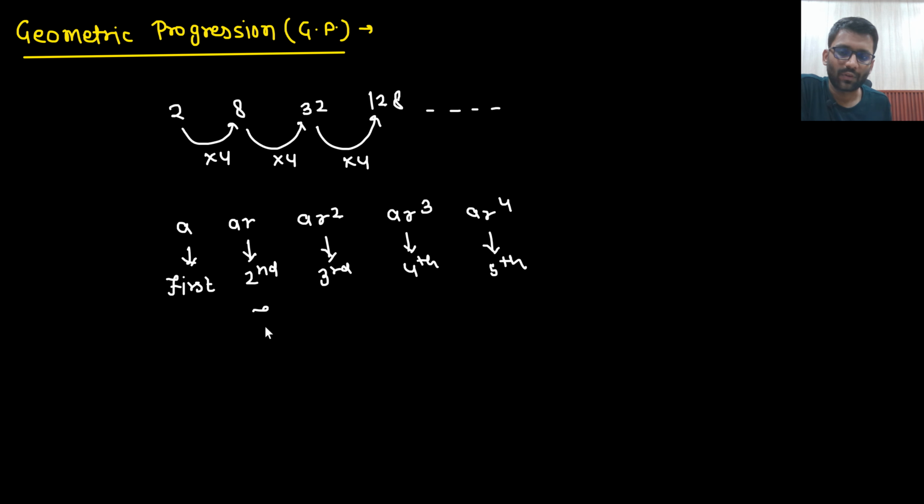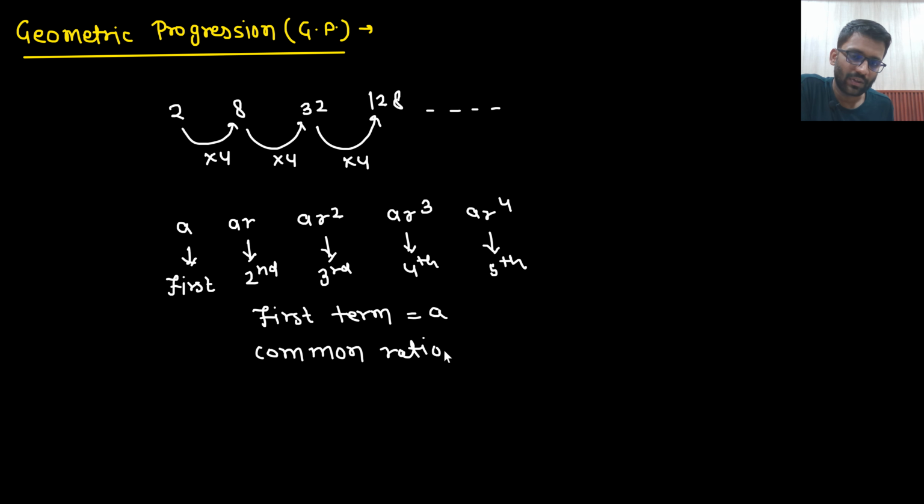So your first term is a, and common ratio is r, because it is multiplied with r.